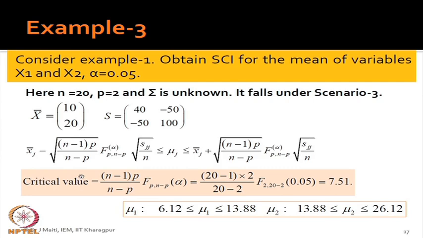I am sure this is possible, and you see that these are the intervals. Which one? The whole square root, including F p, n minus p, alpha; there is a whole square root.